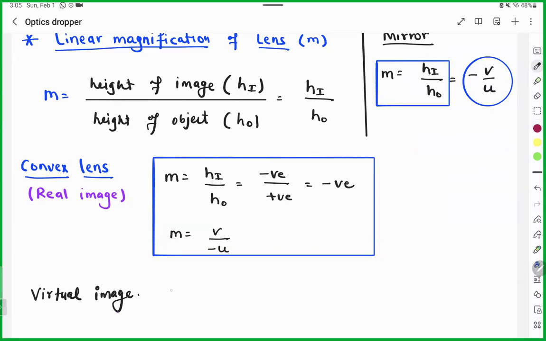in case of a virtual image, whenever you calculate height of the image by height of the object, height of the image is positive and height of the object is also positive, so overall it will be positive.